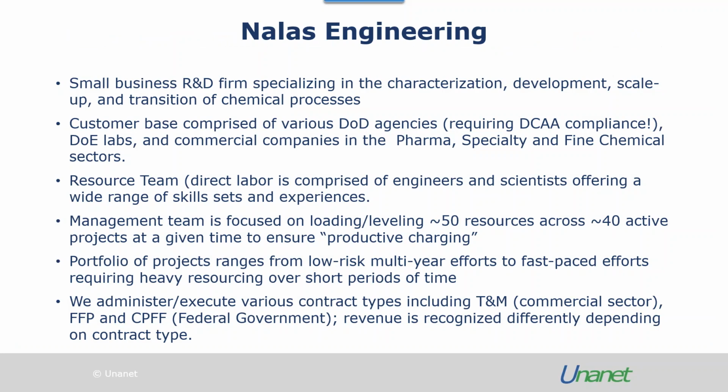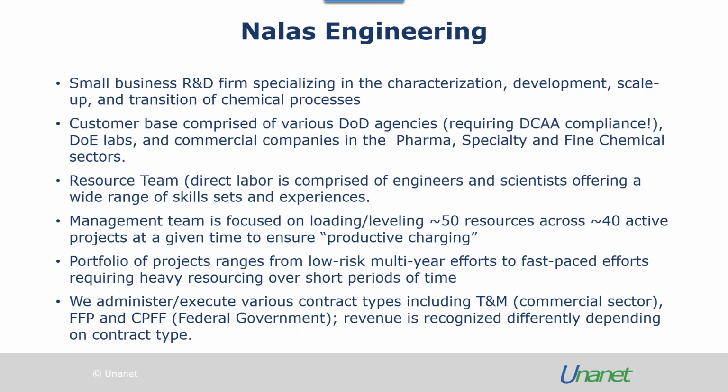Thank you, Kim. So yeah, I work for Knowledge Engineering, and we're a small business R&D firm specializing in the characterization, development, scale-up, and transition of chemical processes. So our customer base is comprised of various DoD agencies, DOE labs, and then commercial companies in the pharma, specialty, and fine chemical sectors.